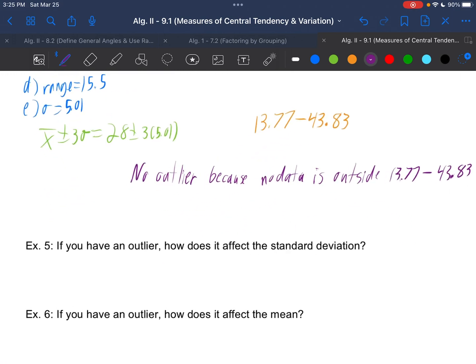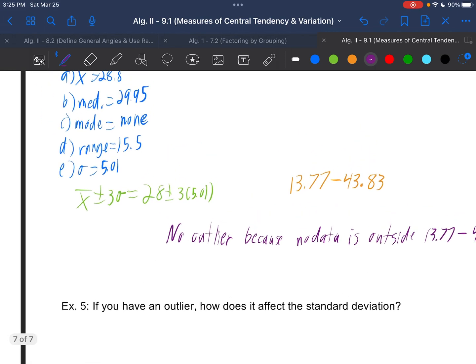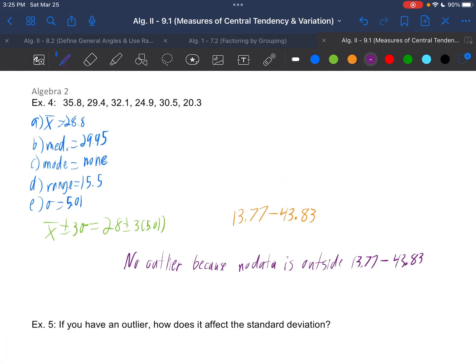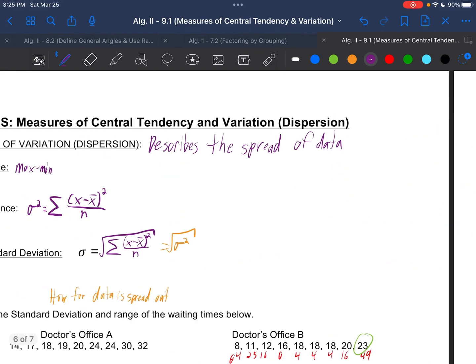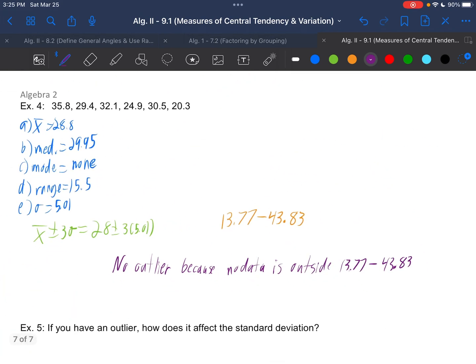So if you have an outlier, how does it affect your standard deviation? We might notice between examples 3 and 4 that on 4, the standard deviation was 5.01. It was much smaller here, whereas on example 3, our standard deviation got much bigger, especially compared to our mean of 17.8. Our standard deviation was quite huge at 21, whereas here, our standard deviation was much smaller than our mean.